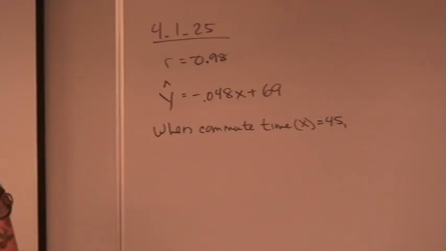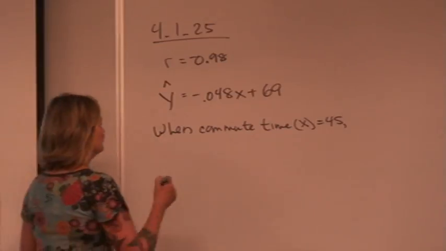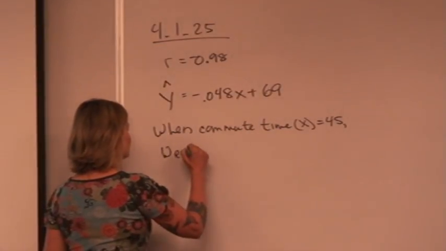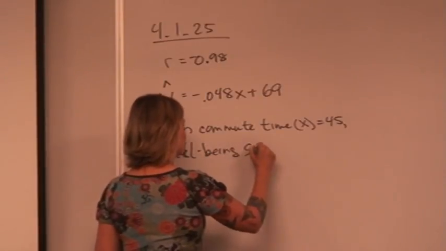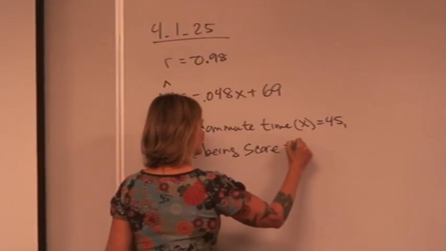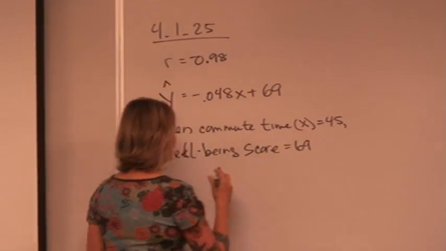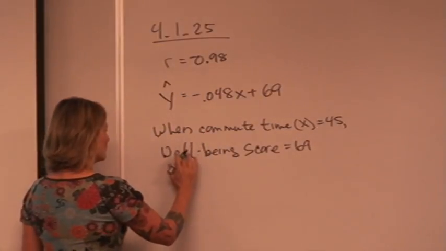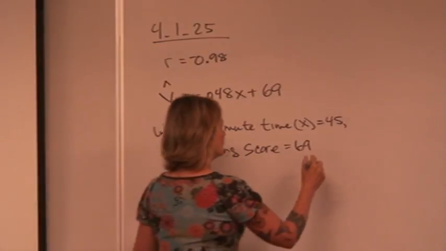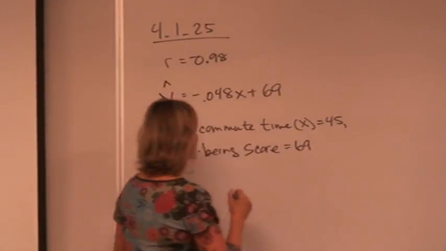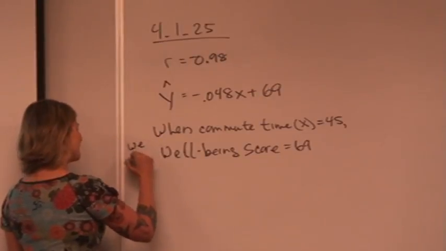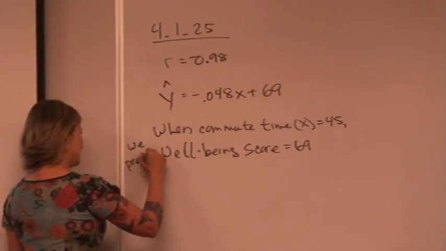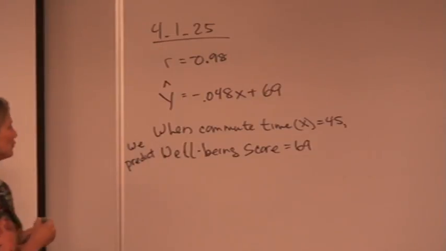You could also round it to the nearest, 67. And we can say we predict that the well-being score would be 69.